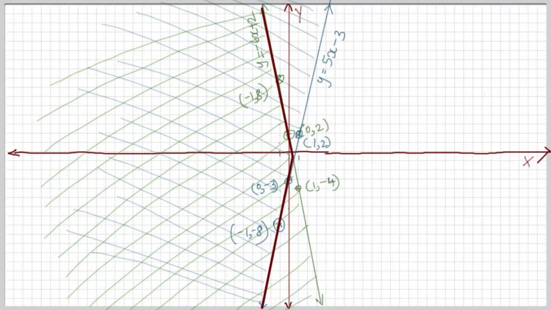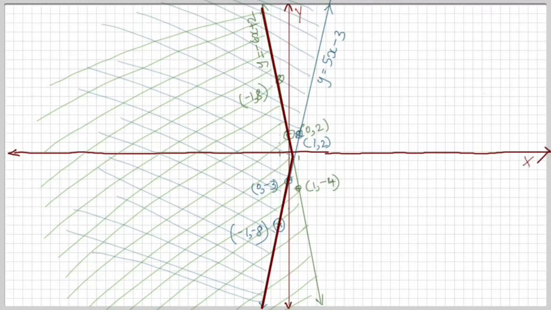Now if you look at this graph, this shaded area is common for this inequality and this inequality, because they intersect in this area.